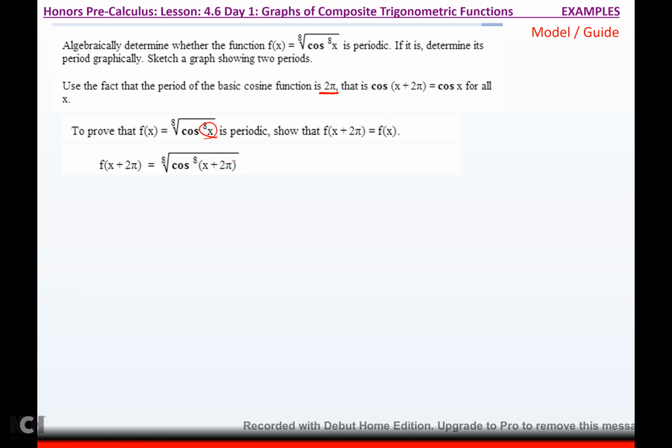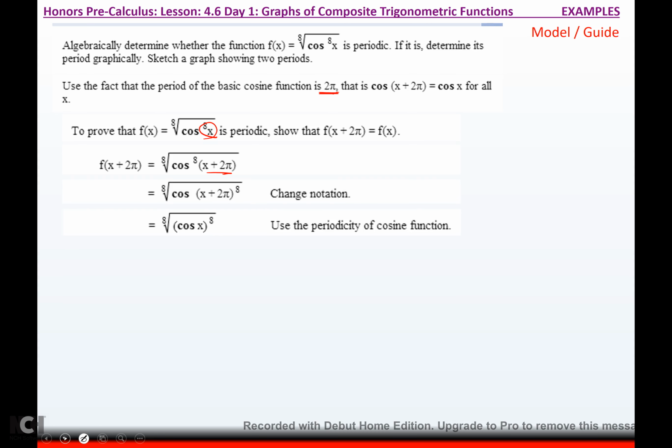So instead of x, I put x plus 2 pi. But x plus 2 pi is the same thing as x, because if you travel to x and then go around 2 pi, you're going to be right back at x. So that's going to give me the same thing that I started with, and it's periodic.